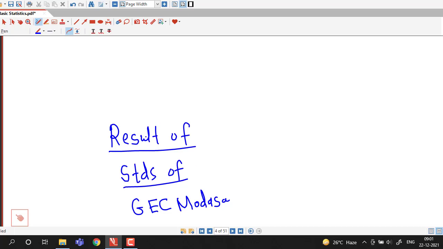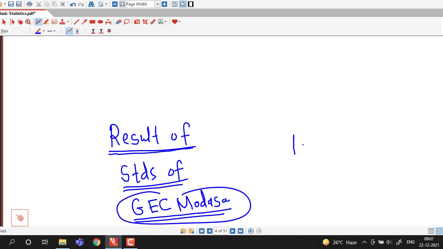So one thing we can do is find out the result of each and every student of GEC Modasa for a particular year, and then we can study in that way. But sometimes, due to lack of time, we are not able to do this study for each individual student. So another thing we can do is consider a small group of students from this college.